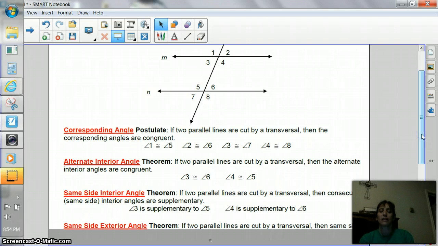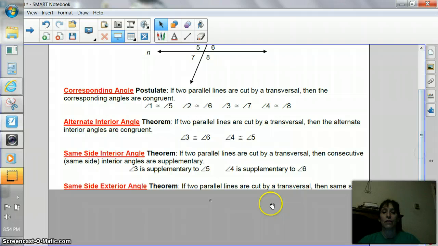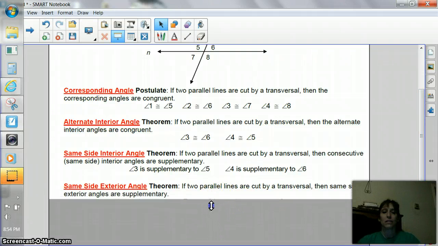The next set is the same side exterior angle theorem. It says if two parallel lines are cut by a transversal, that's my hypothesis again, then same side exterior angles are supplementary. Again, if they're on the same side, they're going to be supplementary, unless they're corresponding.